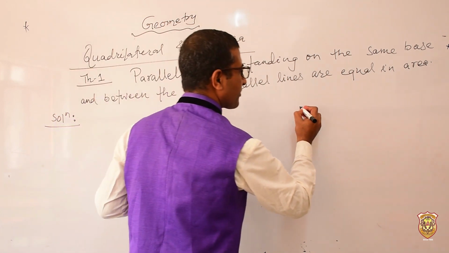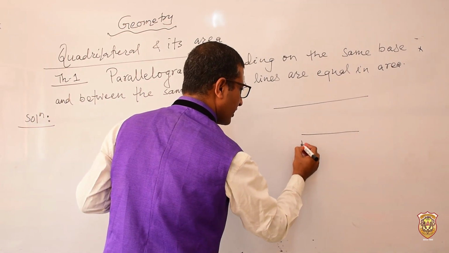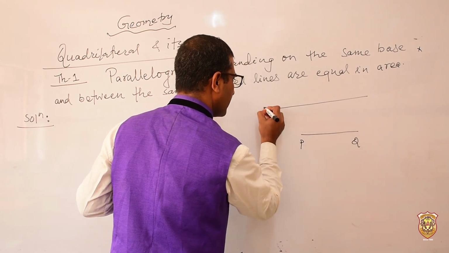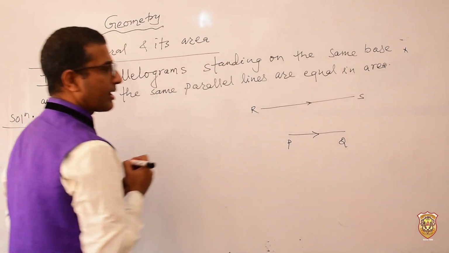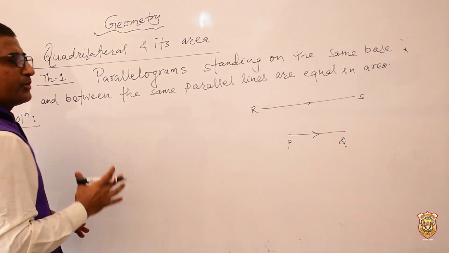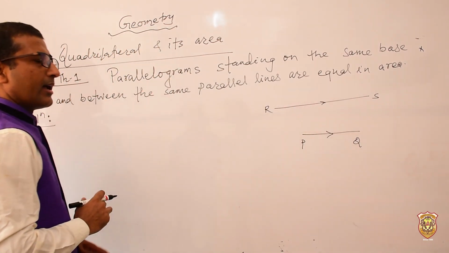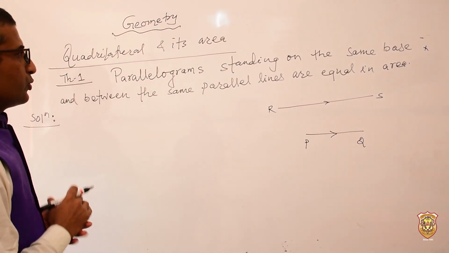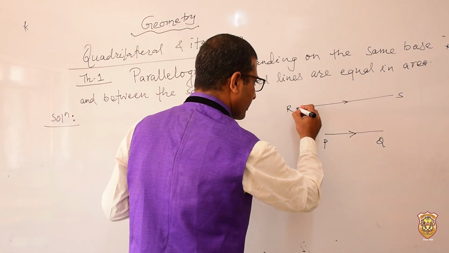First, we have to draw the appropriate figure, naming ourselves. We have taken base and parallel lines. In this figure, PQ is the base and PQ and RS are two parallel lines. Between these two, we have to draw two parallelograms.